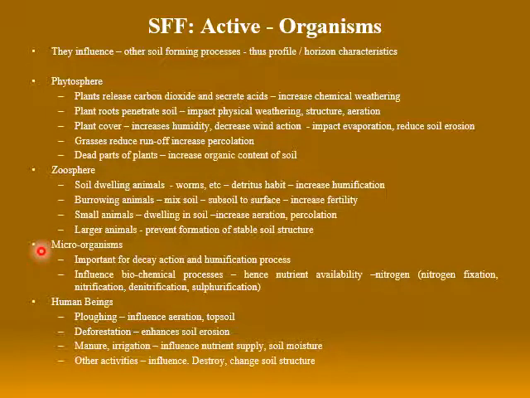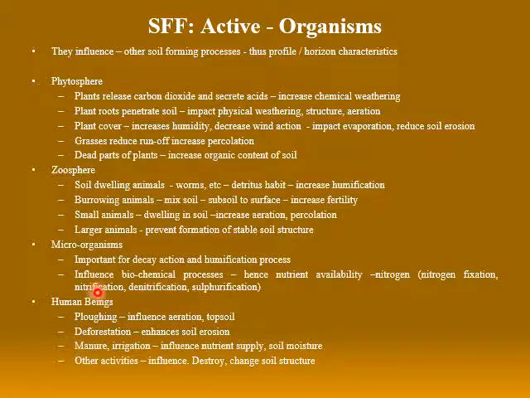These microorganisms are very important for the humification process because they accelerate it. They also make a number of nutrients available to the plants and enable the various biogeochemical processes and nutrient cycles to operate. Nitrogen fixation is not possible without the presence of microorganisms.